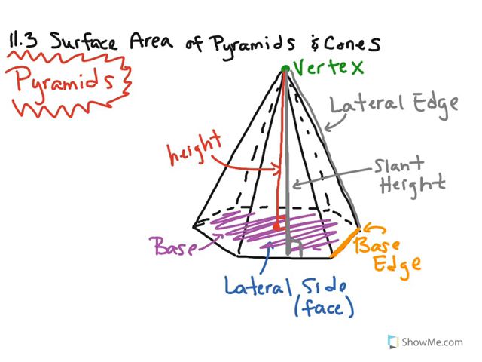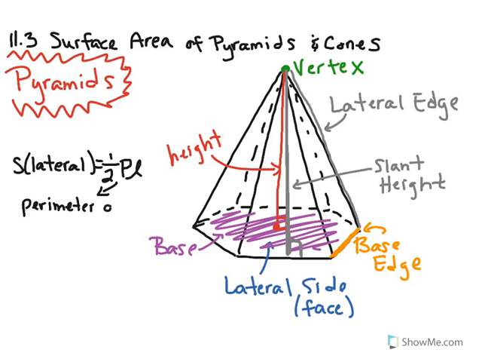Alrighty, so let's talk about how to actually find area of these figures. We're going to write down some formulas. For the lateral area, it's going to be equal to 1/2 times capital P, and capital P means perimeter of the base, times cursive L, which stands for the slant height.